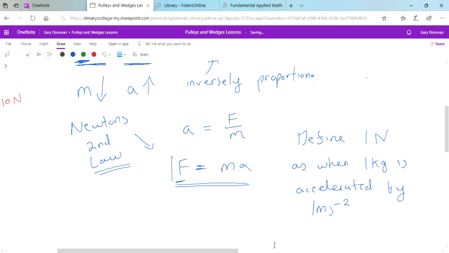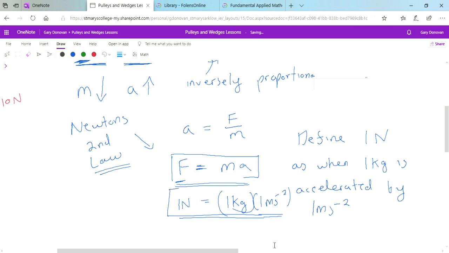So the definition for 1 Newton is when 1 kilogram is accelerated by 1 meter per second squared. And that's just by definition, because you could actually say, well, 1 Newton is when 2 kilograms is accelerated by 1 meter per second squared.